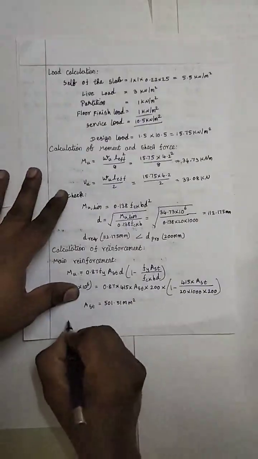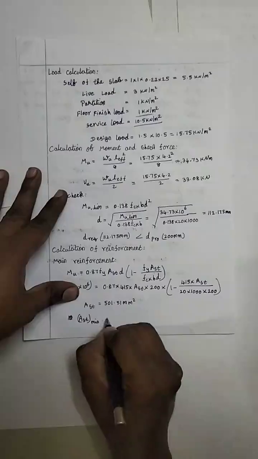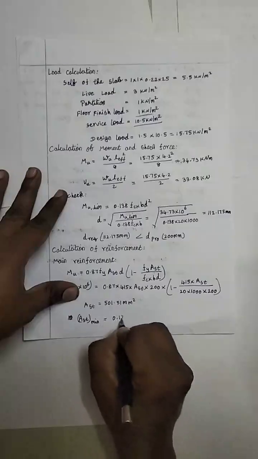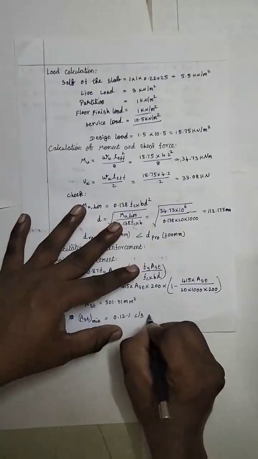So in order to calculate the Ast minimum, the formula is 0.12 percentage of cross sectional area of the slab.